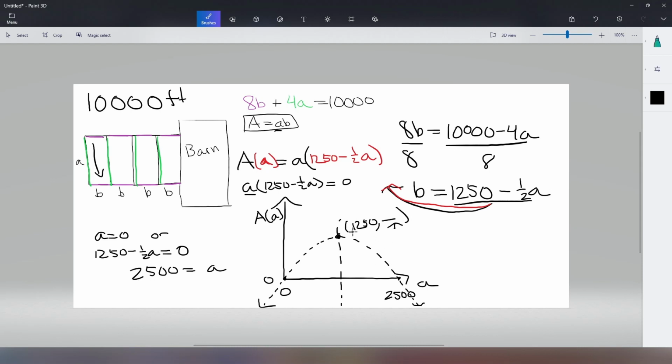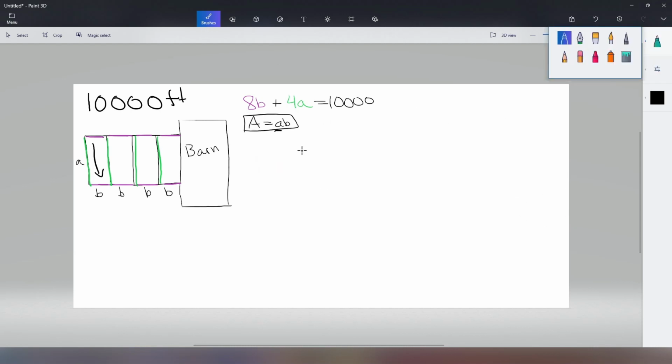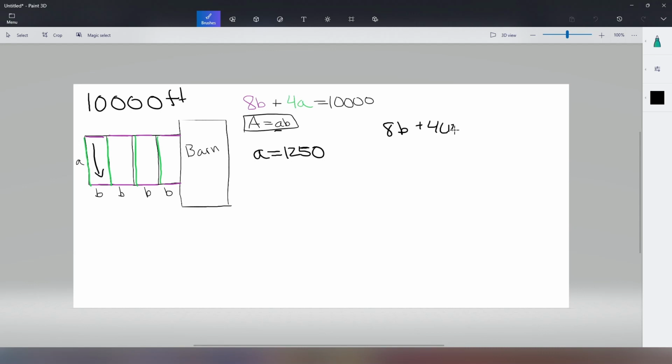So now that we know that A is going to be 1,250, now we can solve for B. If I plug this into my equation, 8B plus 4 times 1,250 equals 10,000. 4 times 1250 is 5,000, so I subtract it: 8B equals 5,000.